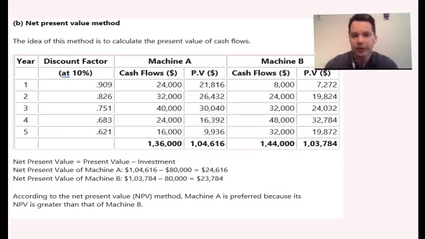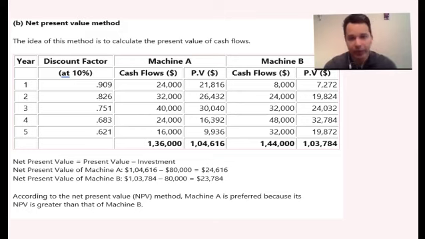So if we take a look at machine A, we would do 24,000 times 0.909, and we get a present value of $21,816.